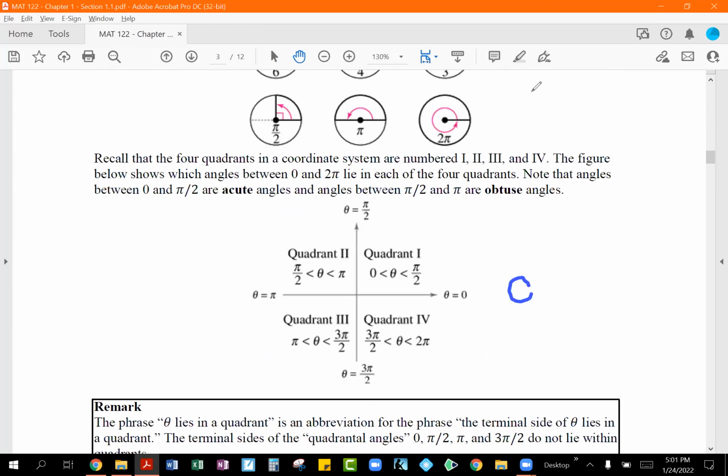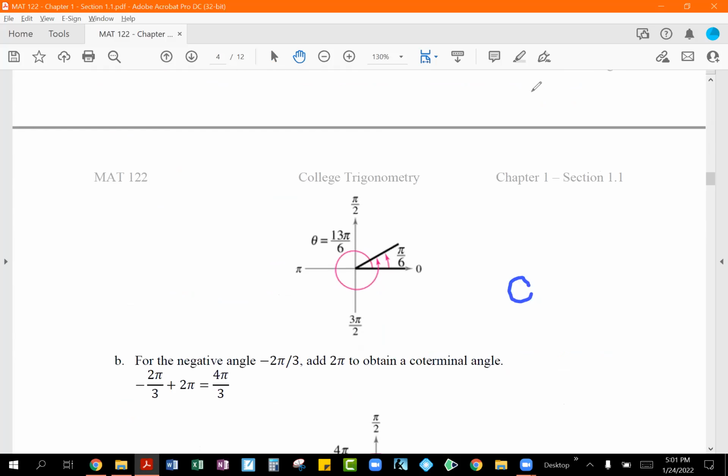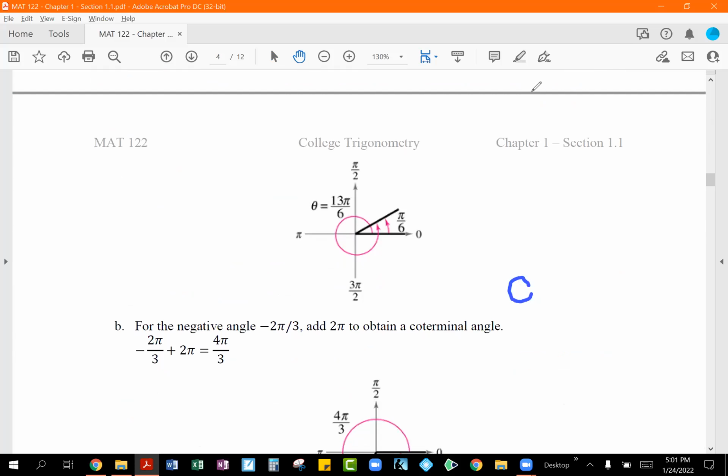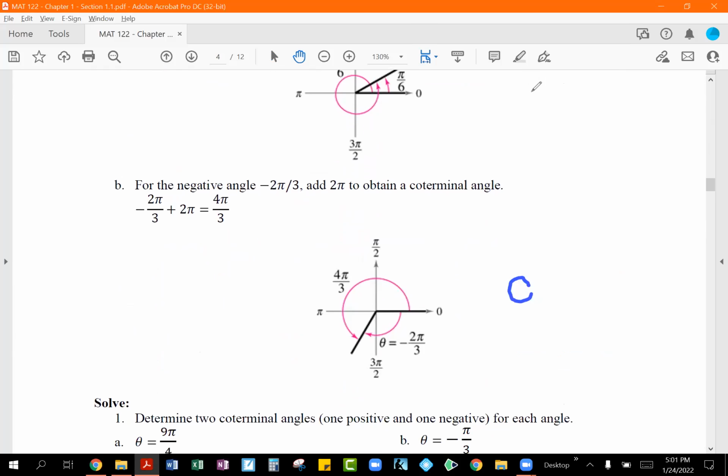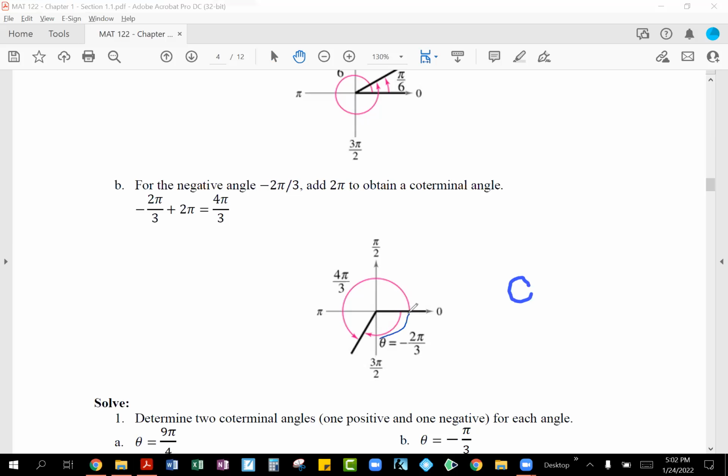For the other one, you can see in this image right over here how we went that whole entire circle. Now, if you have a negative angle, you can see we have negative 2 pi over 3. When you see a negative, you are going in the clockwise direction. So that's this angle right over here, which is negative 2 pi over 3.